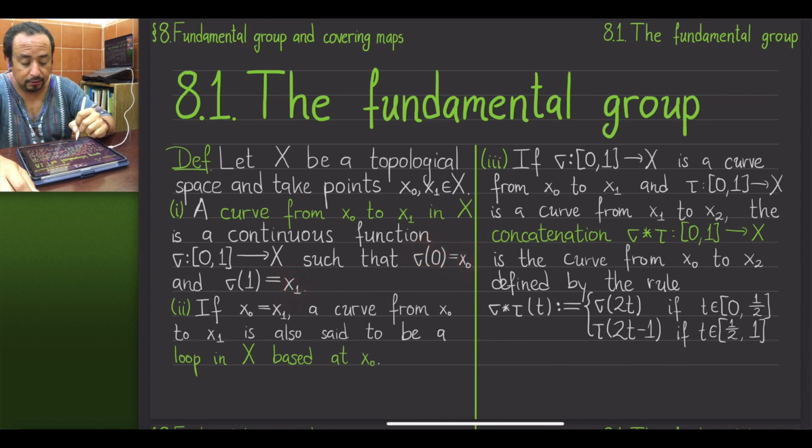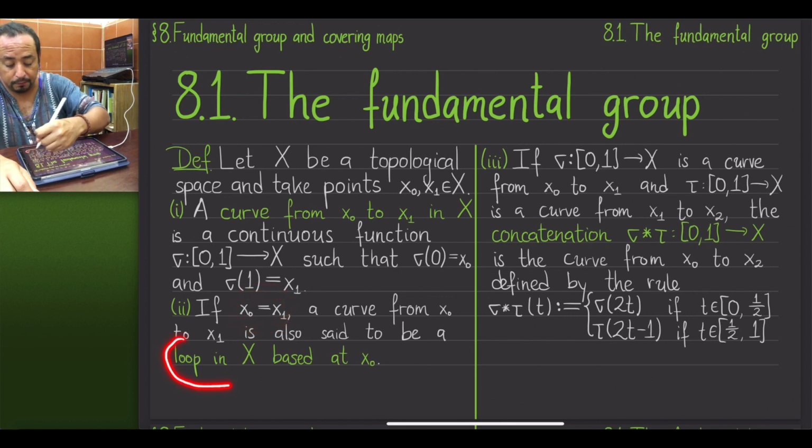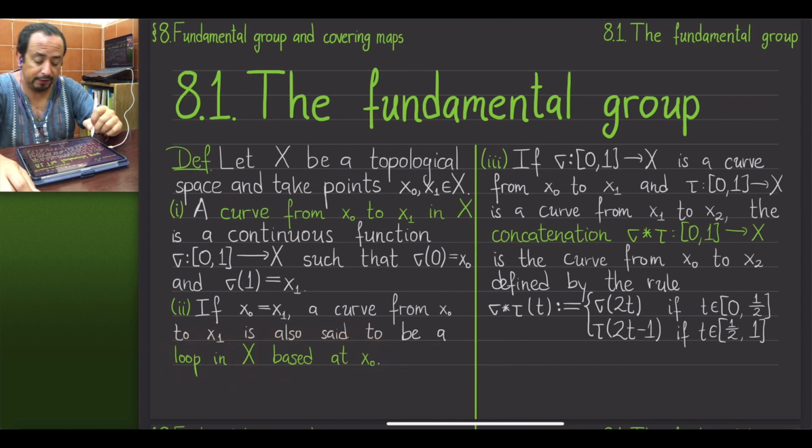Sigma of 0 is required to be x0, and sigma of 1 is required to be x1. If the two points coincide, such a curve is going to be called a loop based at the point, or a loop in X based at the point.